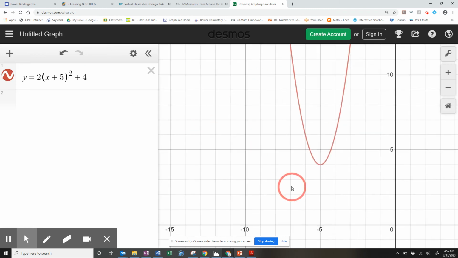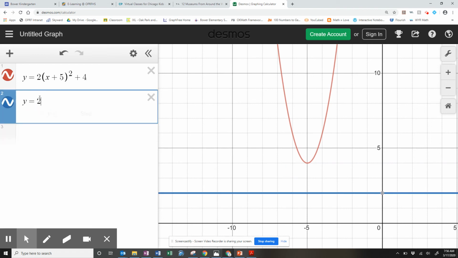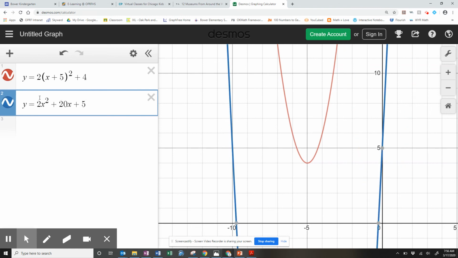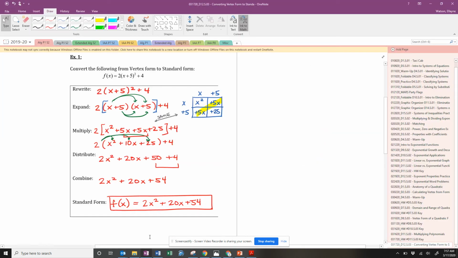Here's my quadratic. I'm going to move it over a little bit so you can see it. Now I'm going to type it in after we converted it to standard form. And if we did it right, then it should be one quadratic on top of each other. Notice that we only see one parabola because it's the same one. So red, blue is the same. That shows us that we did it correctly. Okay, let's do one more example.